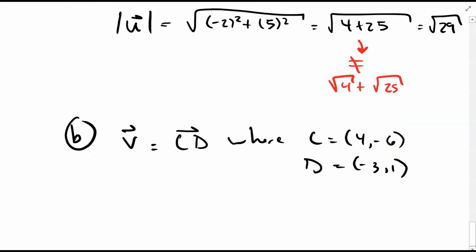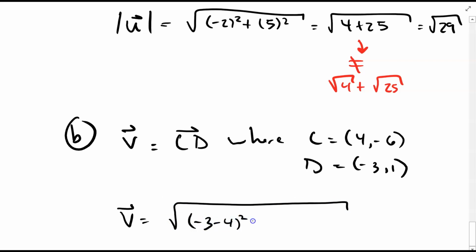So in this problem, we're given that vector v is the vector CD, where C is 4, -6, and D is -3, 1. So x2 minus x1 plus y2 minus y1. -7 squared is positive 49, and then positive 7 squared is also positive 49.